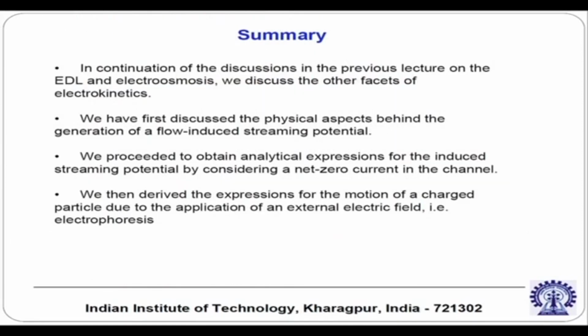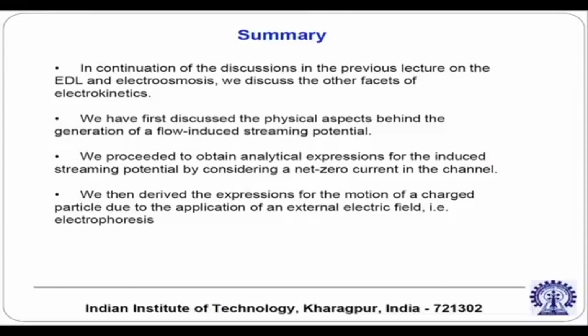So to summarize, in continuation of the discussions on electrical double layer and electroosmosis, we discussed the other facets of electrokinetics. We discussed the physical aspects behind the generation of flow induced streaming potential in the previous lecture, and we obtained an analytical expression for the streaming potential.